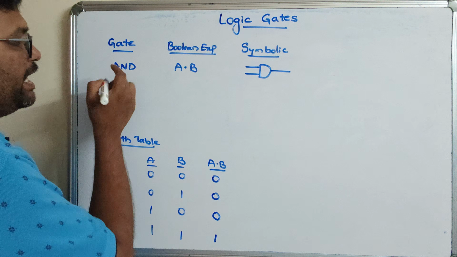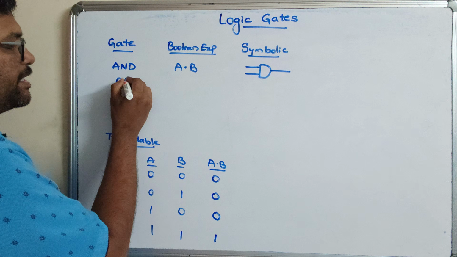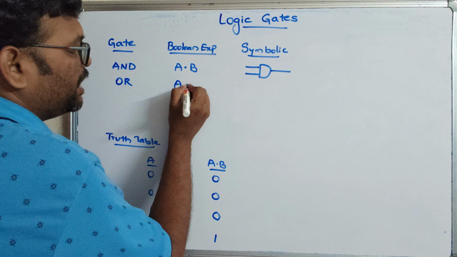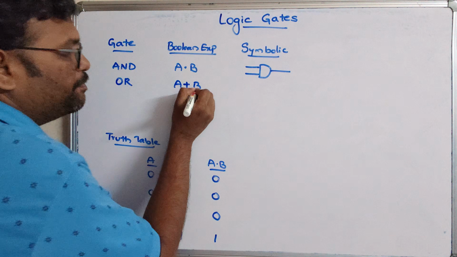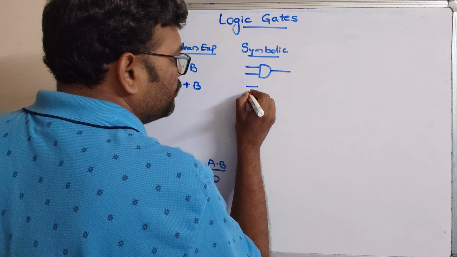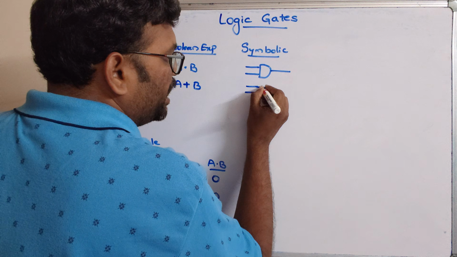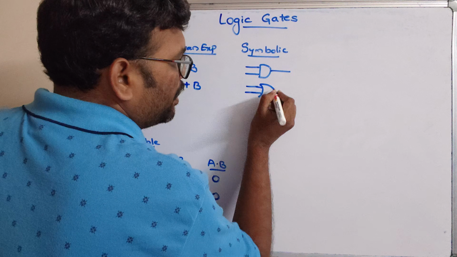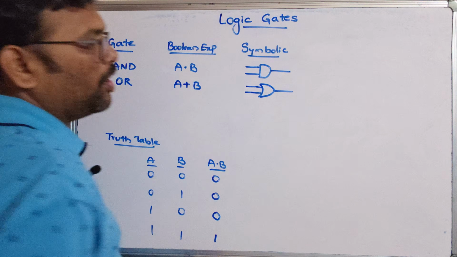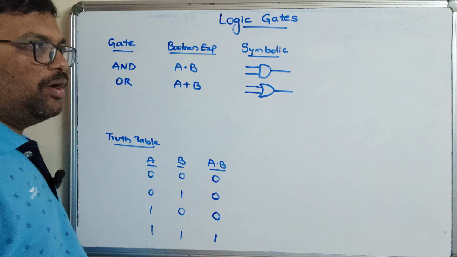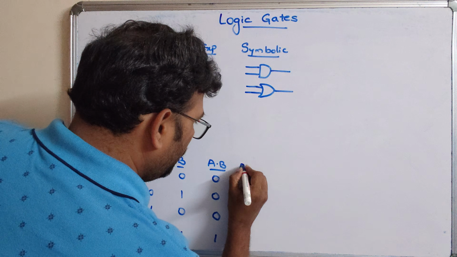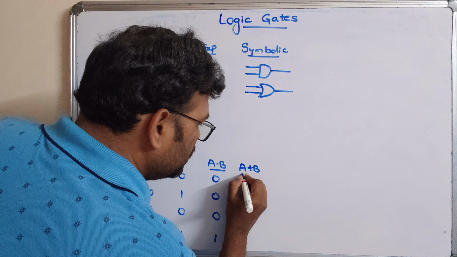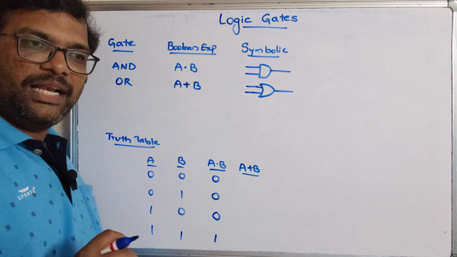So that's it. That is the Boolean AND gate. Next, the OR gate. OR is represented as A plus B, and the symbolic representation will also take two inputs, and this is the OR. This is the AND and this is the OR. And see here, A plus B. This is quite opposite to the logical AND.